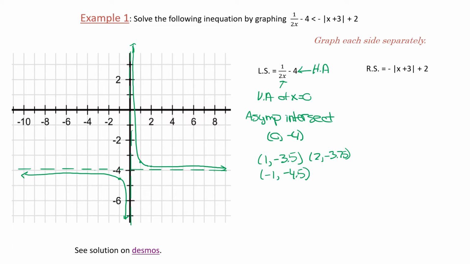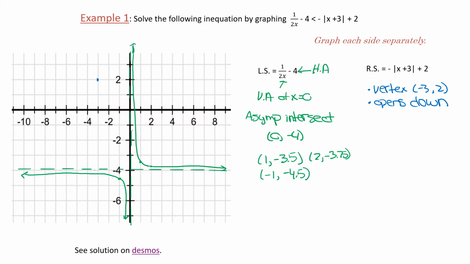Now we want to take a look at the right side. So the right side is an absolute value. I know it's got a vertex at -3, 2. I know it opens down because of that negative in front. And there's no stretch or compression because there's no A value or K value other than that -1. So all I really need to do is go over to my vertex at -3, +2.